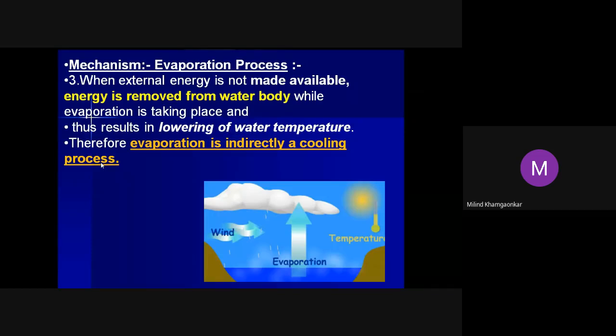Due to transpiration, heat is used to convert the water particles in the plant leaves into vapor, and in this process atmospheric heat is used. So there is indirect cooling below the tree or adjacent to the tree.